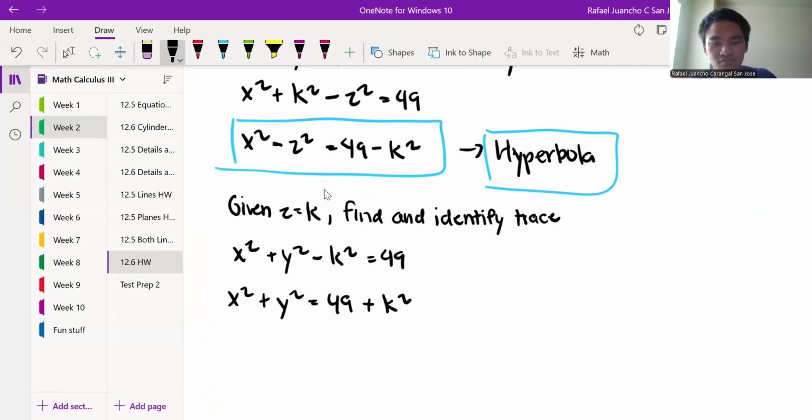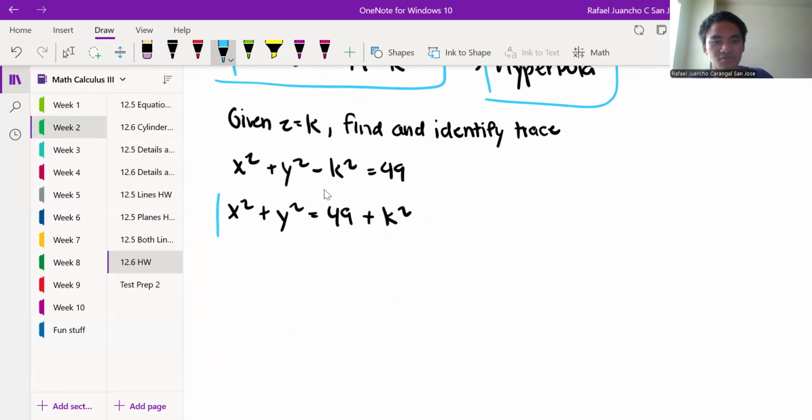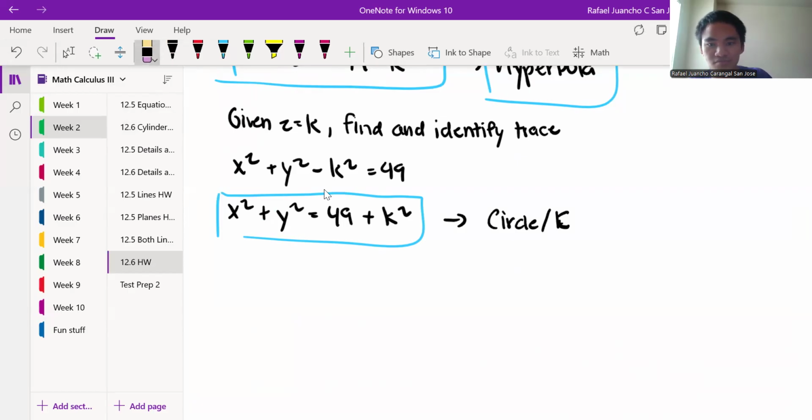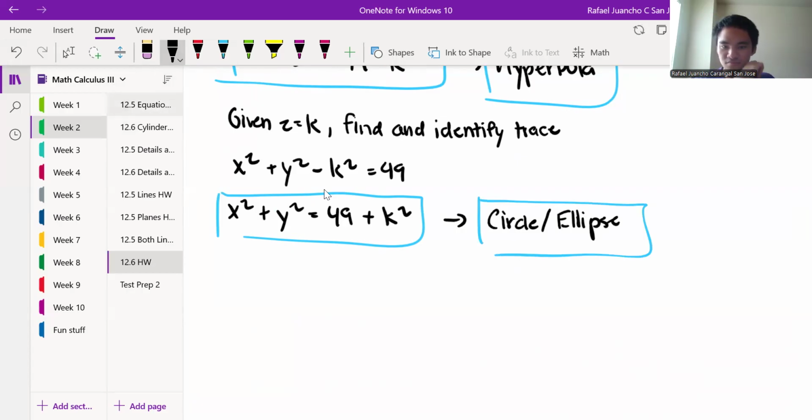Then we just simplify this, and there's our trace. Now what is this? Well, if we look at the two variables here, now it's not a hyperbola because of the addition. Oh, look, it's a circle. Or it could be an ellipse, which is basically an elongated circle. But yeah, that's that.